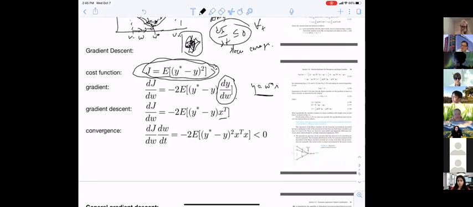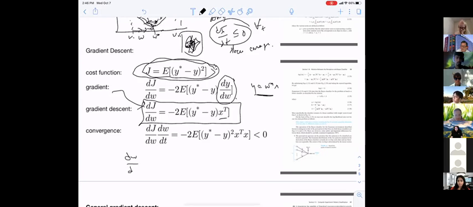Now I say, okay, this is the gradient itself, written with dy/dw out of the equation. So this is the actual gradient. So now I'm going to say dw/dt. Back up a second. What I want to do here is I want dJ/dt to be less than or equal to 0 at all points.